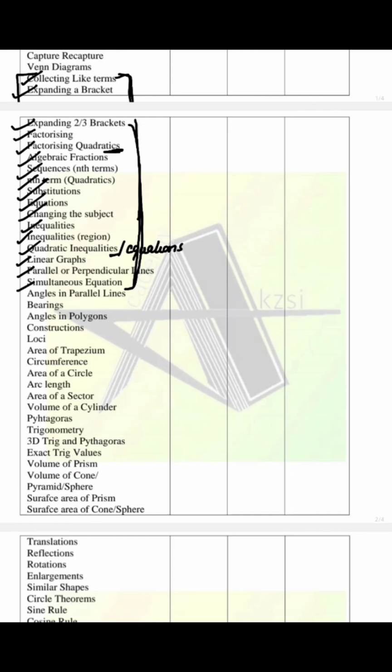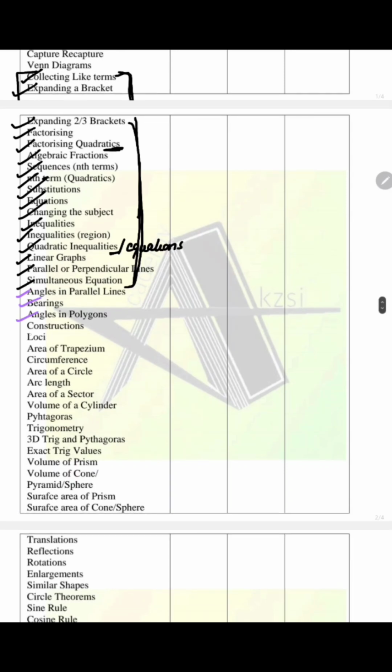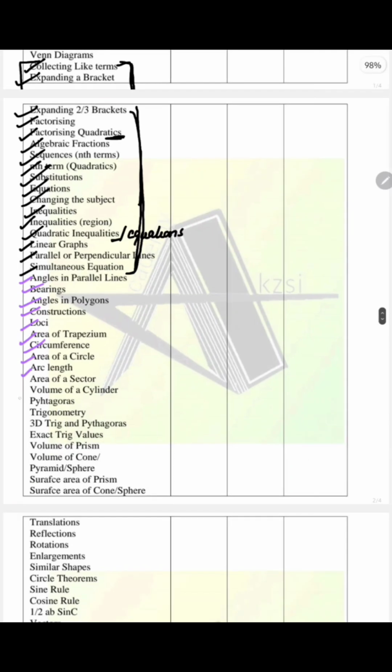So now moving on, the next parts like angles and parallel lines, bearings, angles and polygons, construction, loci, area of trapezium, circumference, area of circle, arc length, area of a sector, volume of a cylinder, surface area of prism, surface area of a cone, sphere, pyramids, volume of a cone.